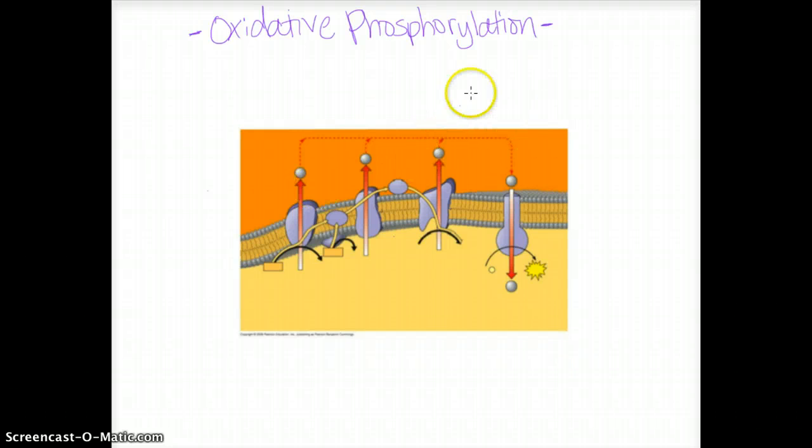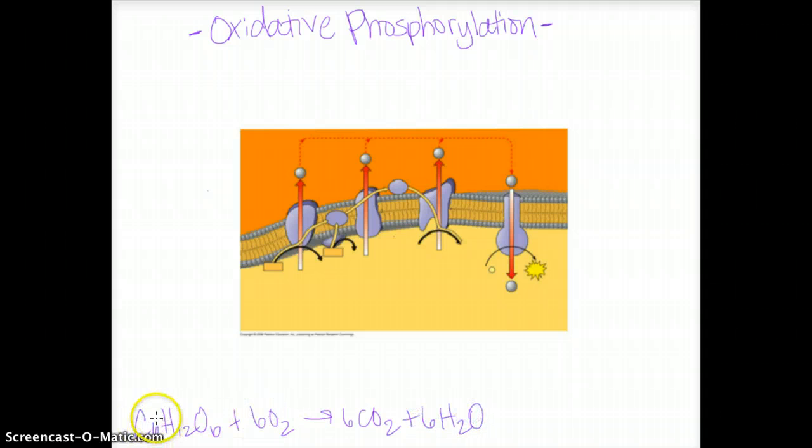So just as a review, the formula for cellular respiration that we've been talking about this whole time: C6H12O6 plus 6O2 yields 6CO2 plus 6H2O. We have already accounted for our glucose in glycolysis.